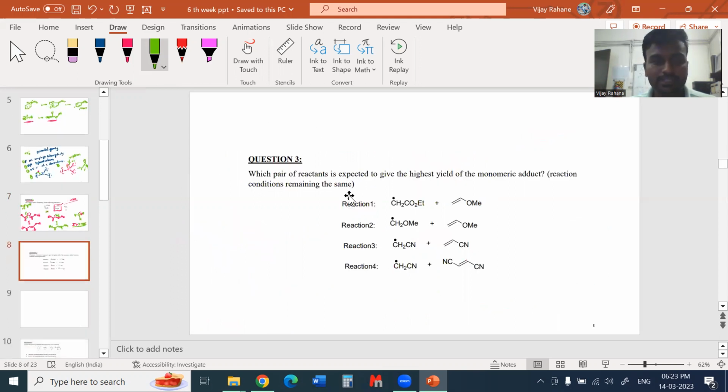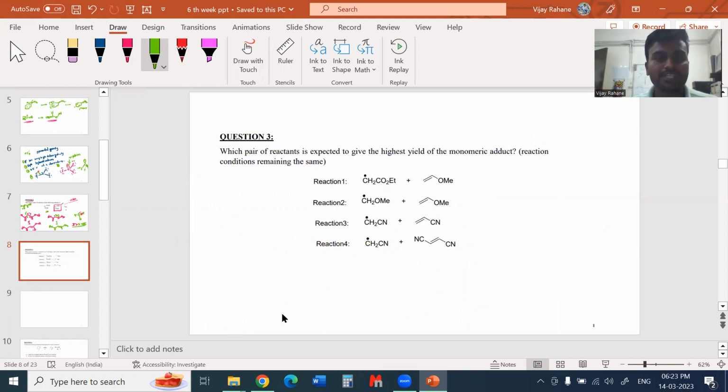So the next question is, which pair of reactants is expected to give the highest yield of monomeric adduct? So they have given three reactions, 1, 2, 3, and we need to answer. The reaction condition is the same.